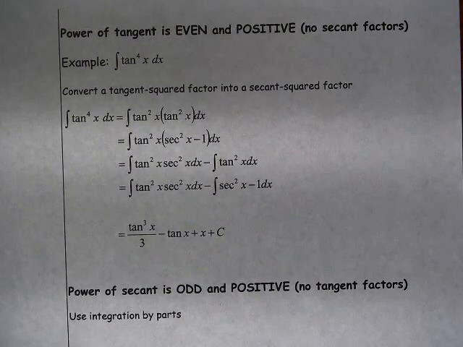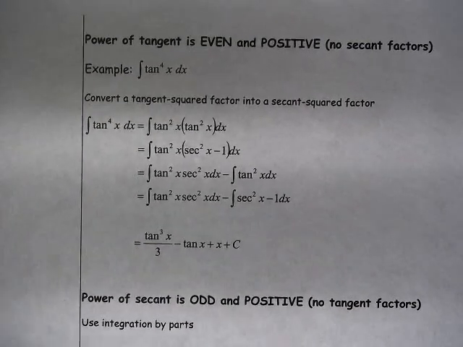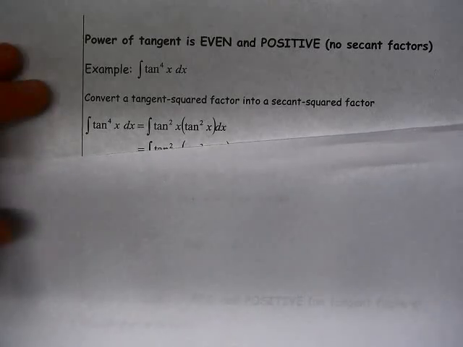All right, the last one we're going to talk about is if the power of the tangent is even and positive. So in this case, we're talking about an example where there's no secant factors. So tangent even and positive, there's no secant factors, and we're going to turn one of the tangent squared factors into a secant squared factor.